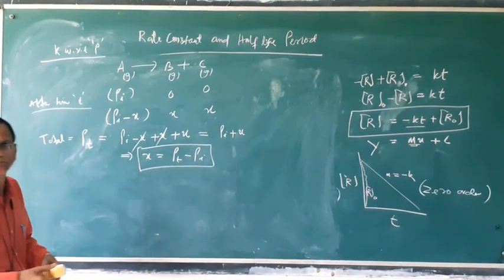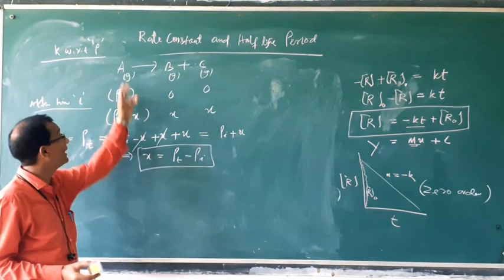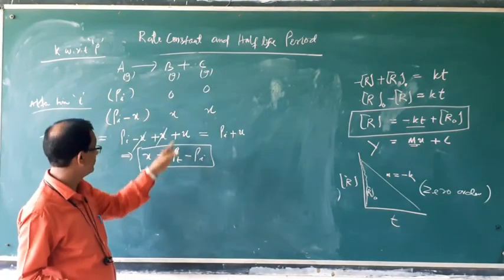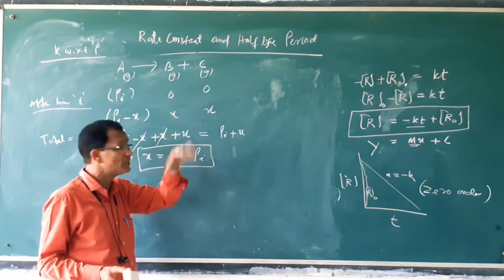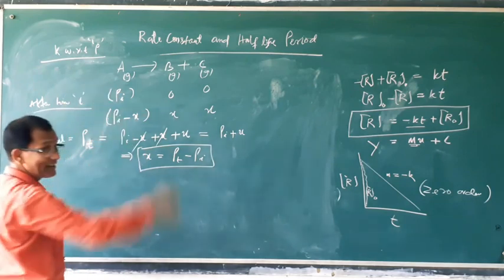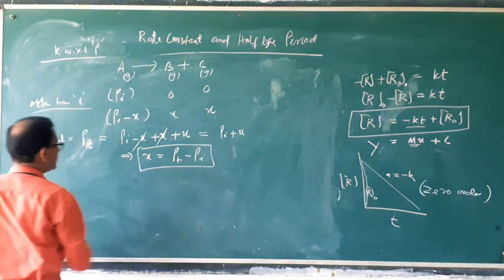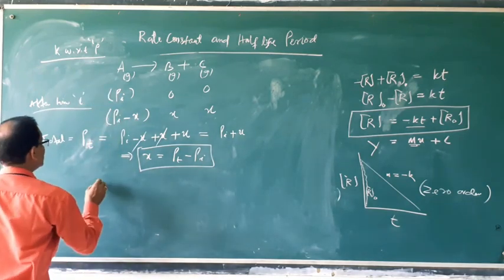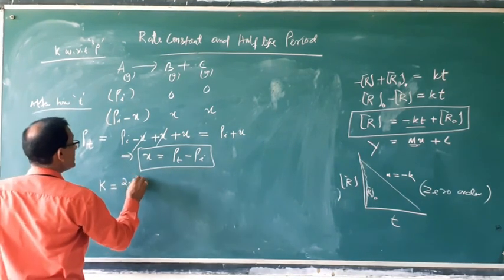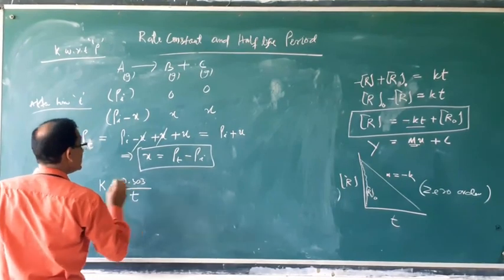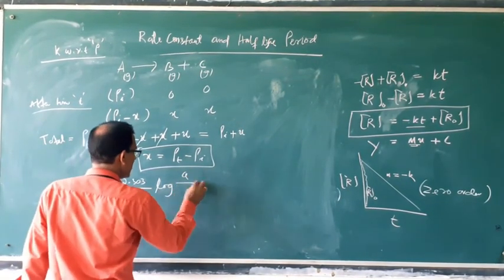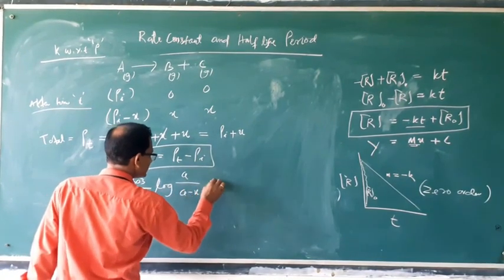What is x? x amount of A is consumed, x amount of B is produced, x amount of C is produced. Amount means pressure. Then use the first order formula. What is the first order formula? K is equal to 2.303 by t log a by a minus x.